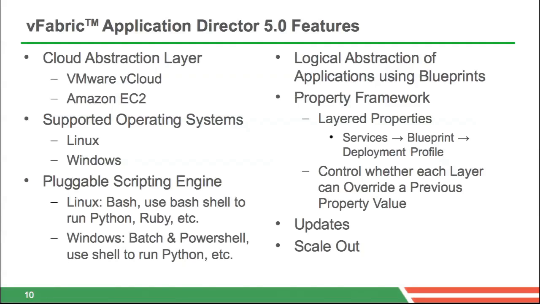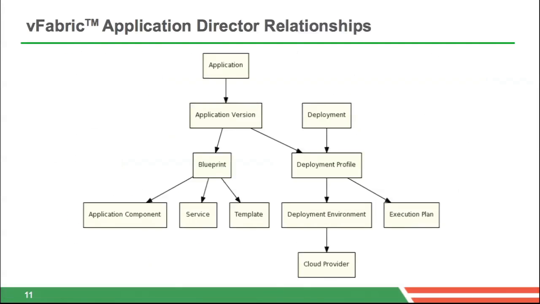When you have a service like TC Server and you have the blueprint, which is your logical abstraction of your application, and a deployment profile, which is how you're deploying your app and specifics around that, it gives you a layered approach to being able to override configurations, and we'll do some of that during the deployments. And then we also have updates and scale out, and we don't have scale in the upcoming release.